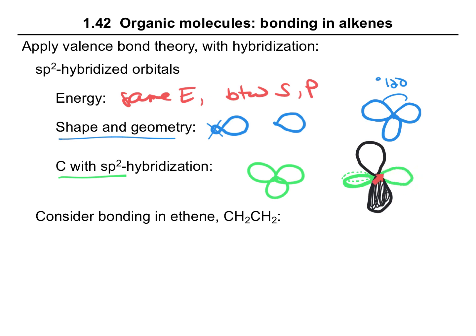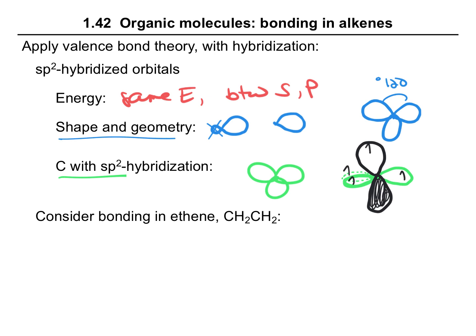So these are our 3 sp2 hybridized orbitals, and this is our unchanged p orbital. Furthermore, if you remember the electron configuration, each of these orbitals was half-filled, including the p orbital. So now with our half-filled orbitals, we can think about orbital overlap using valence bond theory.